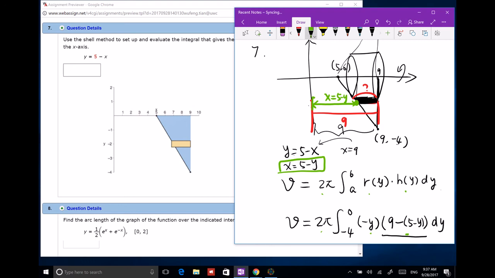So if you use 9 minus the green x value, it gives you this question mark part. That makes more sense. And then that negative y comes from the fact that the function is below the x-axis, so below the y values. Yes. Okay, got it. Does this make sense to everyone? Yes? Okay. Sure.